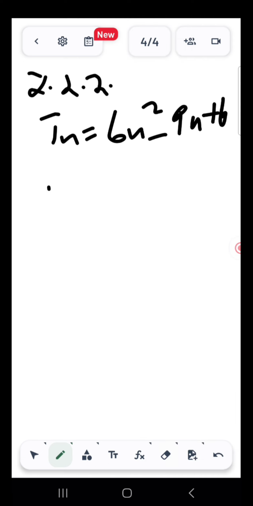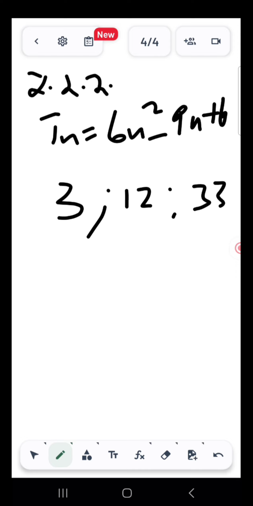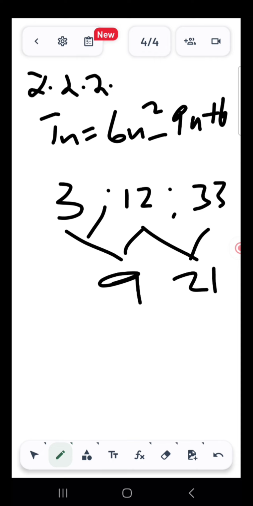So we write it down: 3, then 12, then 33. We already found the first differences, 9 and 21, and the second difference, 12.